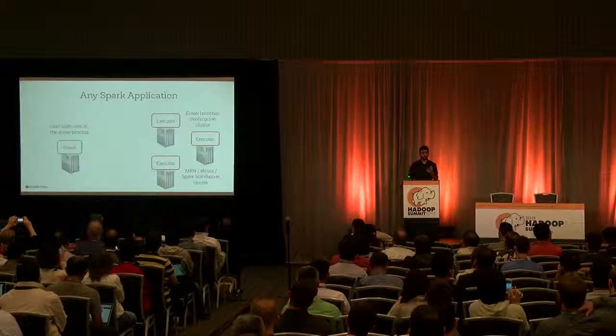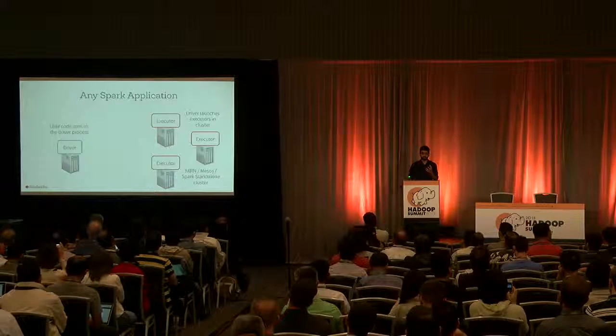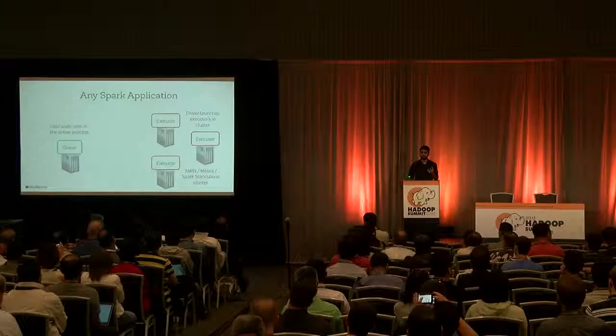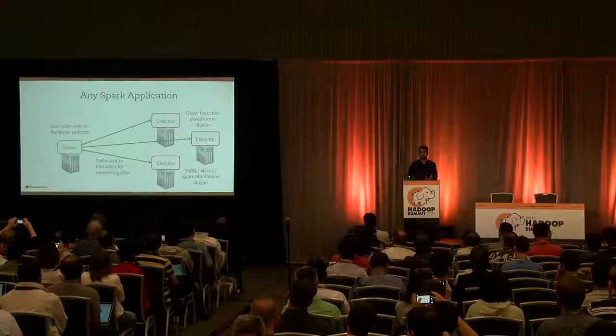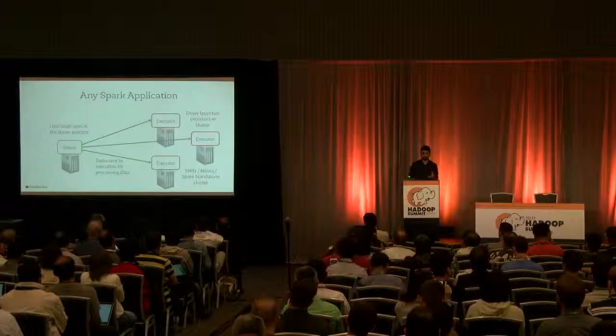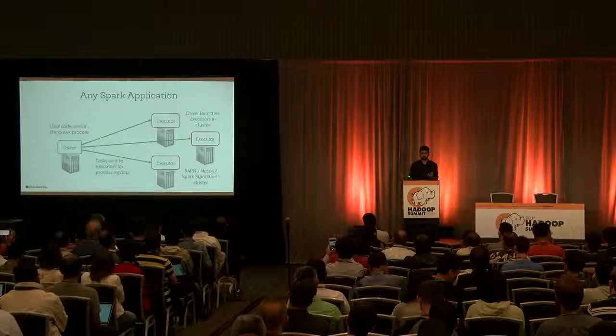These executors are meant to run the tasks that process the data, so the driver launches tasks on them to process the data, and the processed data is finally written to some file system or database.